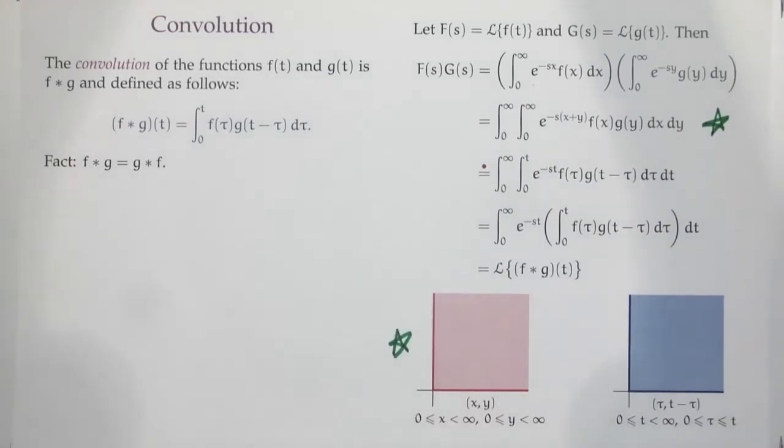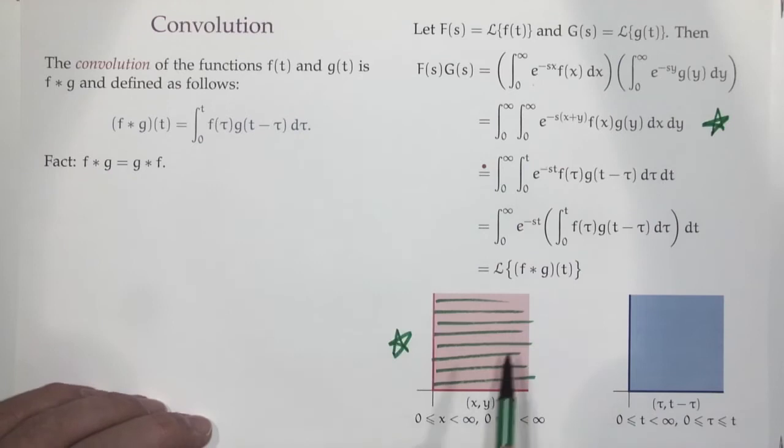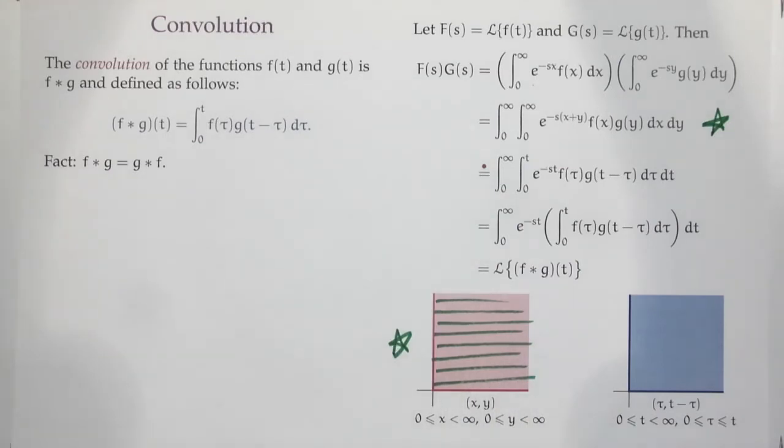And what you're really doing is you're integrating over what we call the first quadrant. And you're slicing in this manner. So this is how you're computing that integral. So you're integrating along the x direction, tabulating everything, then you integrate along the y direction. So that's that step.